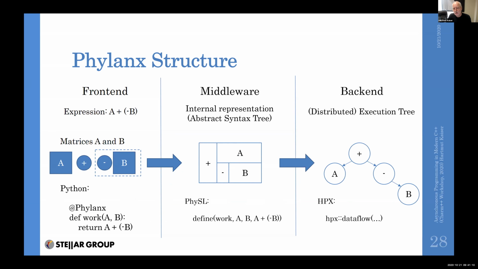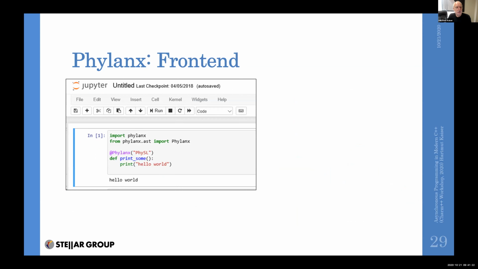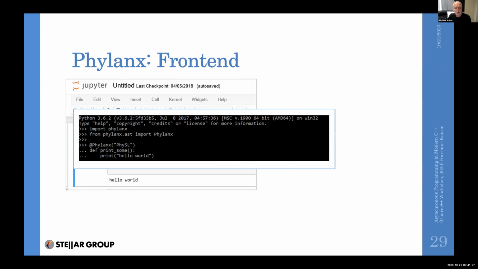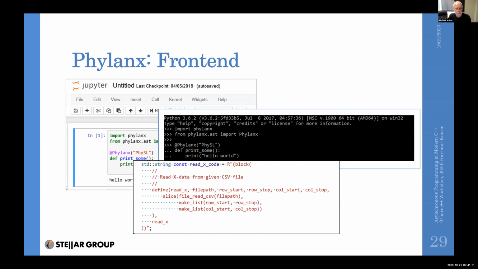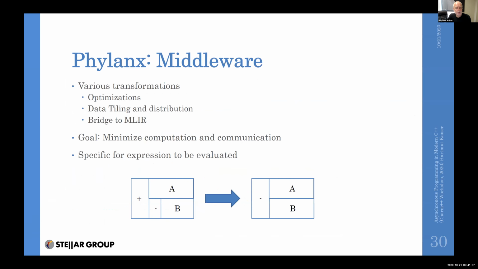And that is turned into an HPX execution that uses Dataflow and other facilities to run the execution tree at full speed. And I will give you a code example later. As I said, that can be run from a Jupyter notebook. You can run it from your interpreter, or if you're really adventurous, you can directly use the C++ API to program it.